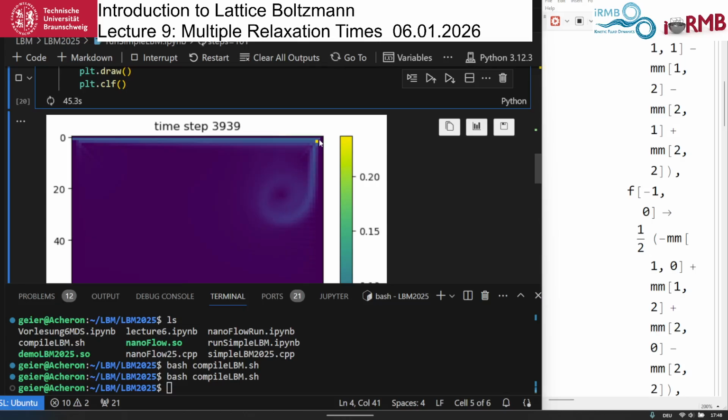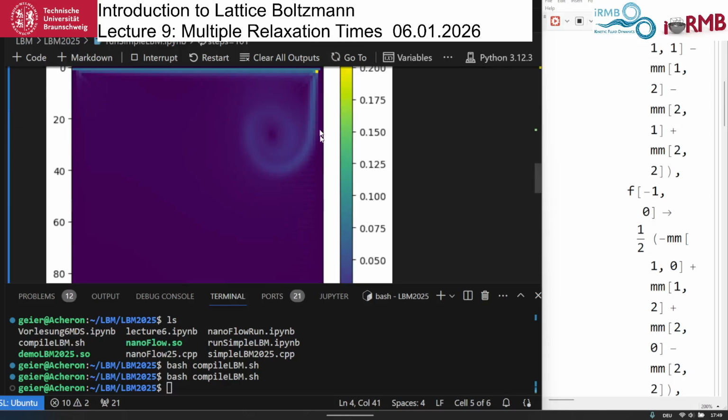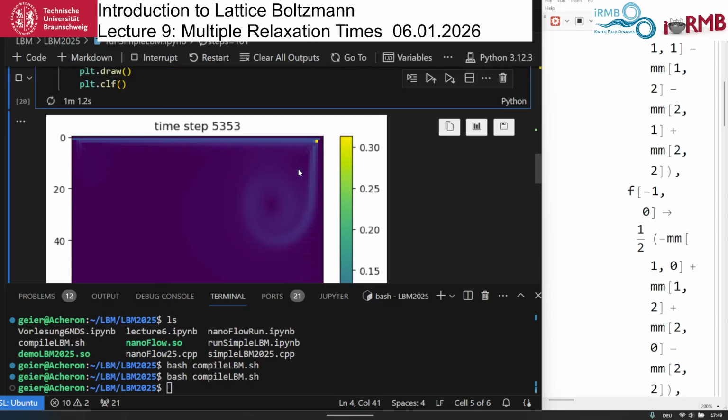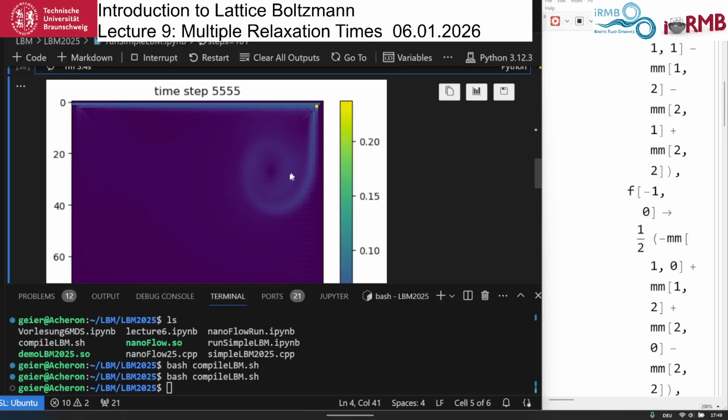Okay, so it appears that there is something not very well at this one point, but other than that, it seems to behave pretty well, and it also looks like it has a bigger Reynolds number, as it should have. But we don't see it very well because there is one point where the velocity is very large, apparently.